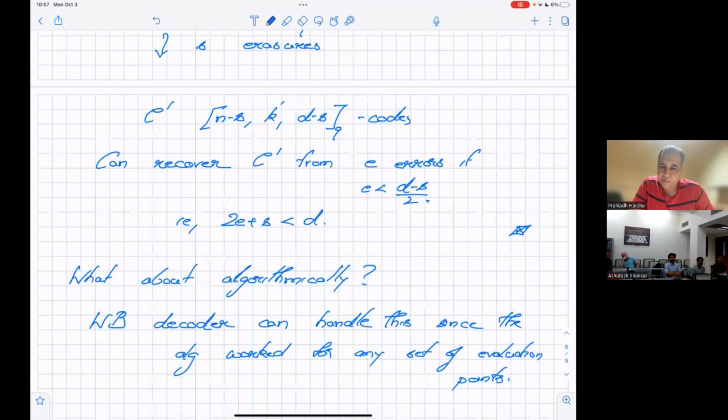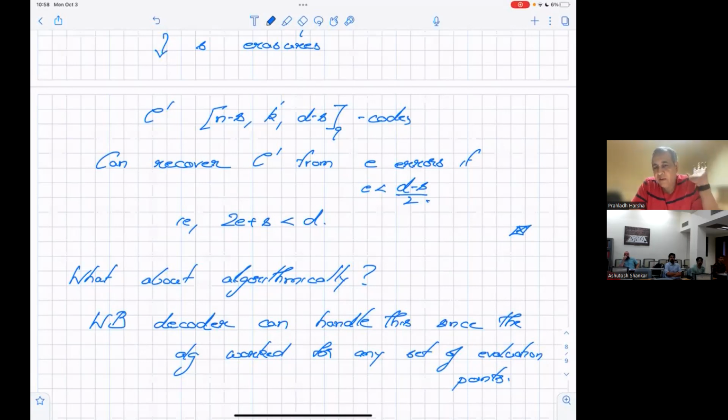So if there are capital D blocks, and there are around d by 2 plus 1 bit flips in each block, and on the outer decoder there are around capital D bit flips and no erasures. No, but if there are small d by 2 plus 1 flips, this is more than the number of errors that you can allow for.